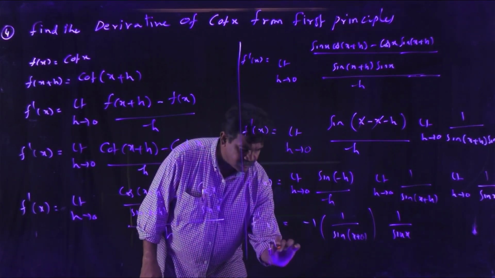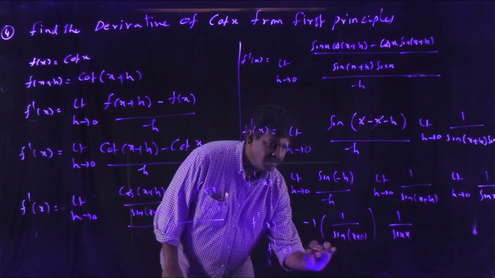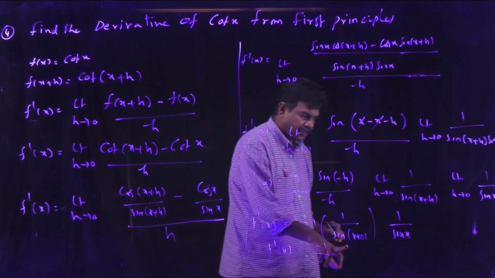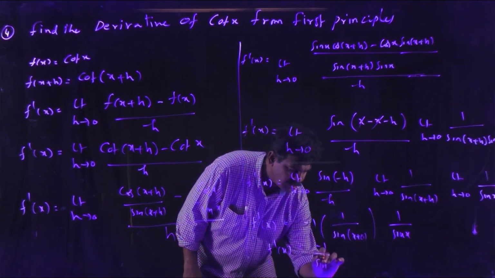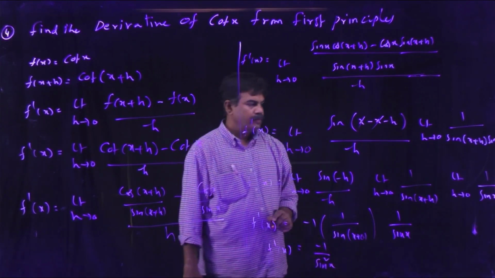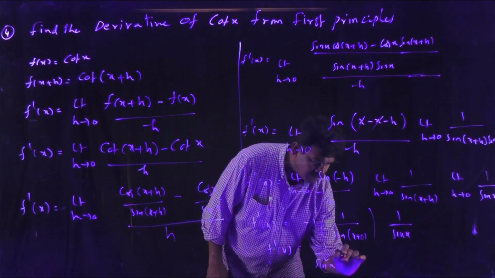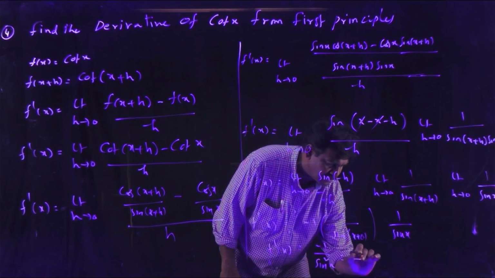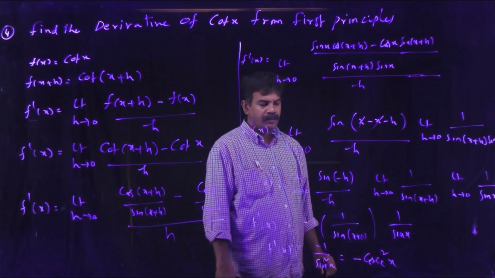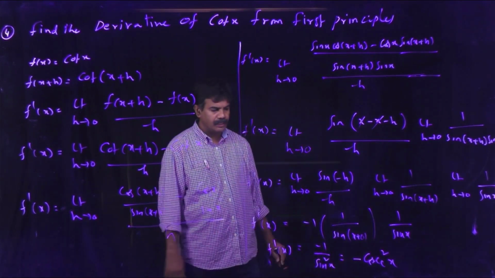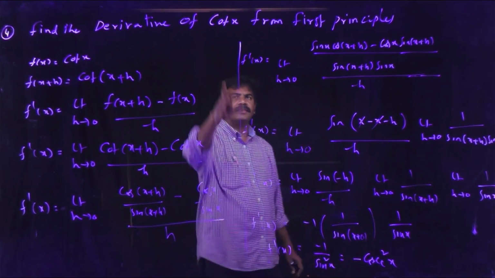F dash x is equal to minus 1 by sin of x plus 0 means sin x. Sin x into sin x, sin square x. That is equal to 1 by sin square means cosecant square. That is minus cosecant square x. So minus cosecant square x is the derivative of the given function cot x.